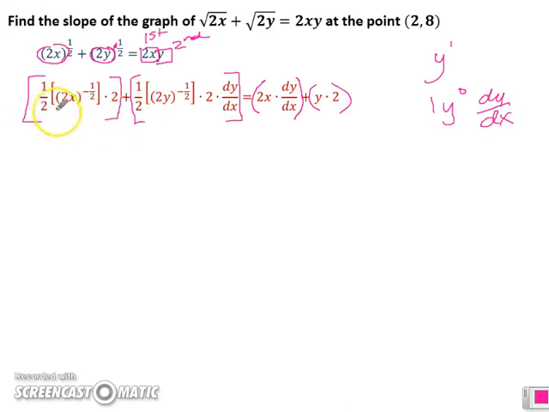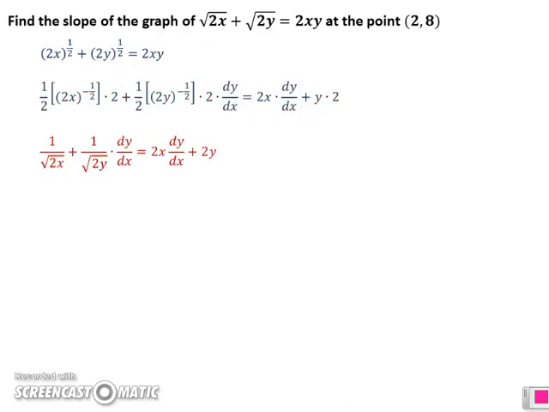Okay, I just wanted to clean that up a bit. So the brackets here represent the derivative of the first part, brackets here represent the derivative of the second part, and then each of these sets of parentheses represents each piece of the product rule. Okay, let's clean this up. This is really the square root of 2x in the denominator. And then notice that this 1/2 and this 2 cancel each other out.